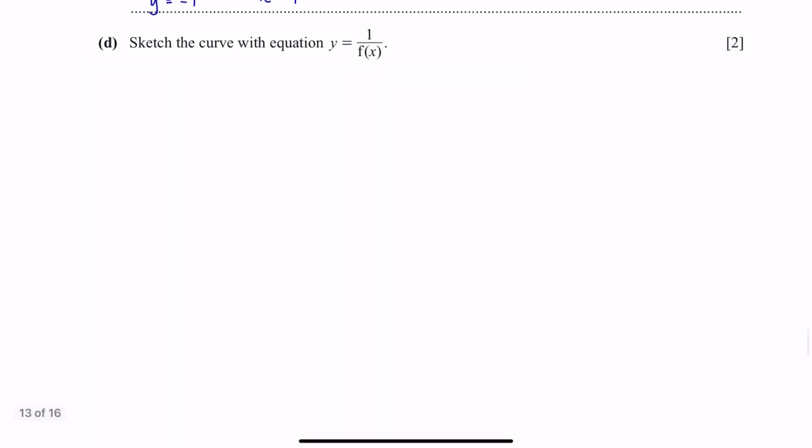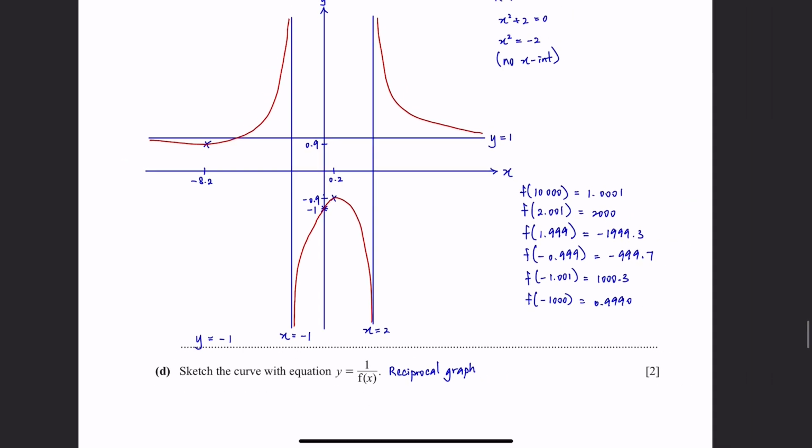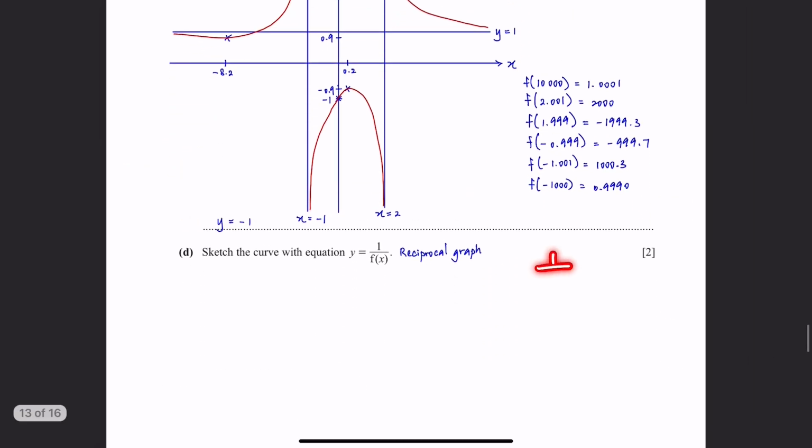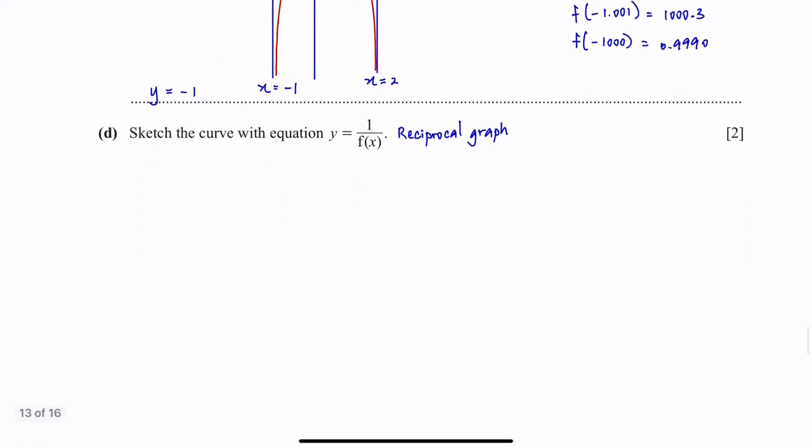For part D, we will need to find the curve with the equation y equals to 1 over fx. And this is called a reciprocal graph. And basically we need to use the original graph that we sketched and transform it to 1 over fx. So from fx to 1 over fx. And there are a few rules to it.